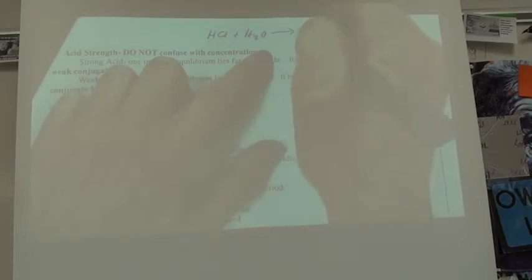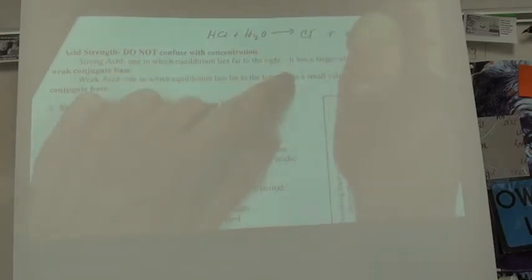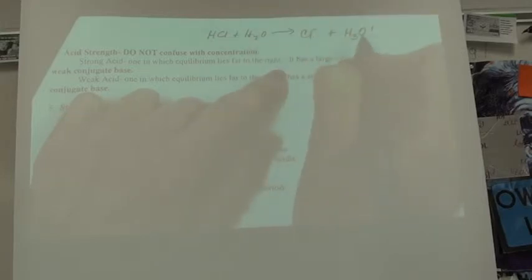If this is the acid, what's it going to do? Bronsted-Lowry, it's going to donate its proton and become the conjugate base. And the water acting as the base will receive it.